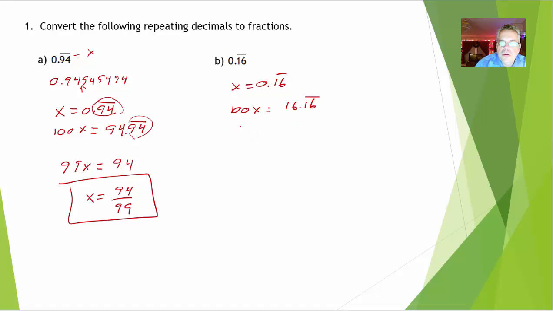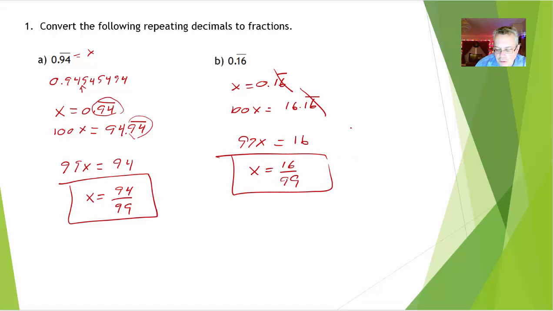And then if I subtract these two equations, 100x minus x is 99x. If I subtract these, this part will cancel. I'm just left with 16. So x is 16 over 99. Okay, sometimes you could reduce the fraction. I'm not so worried about that. I just want to find a fraction that equals the repeating decimal.